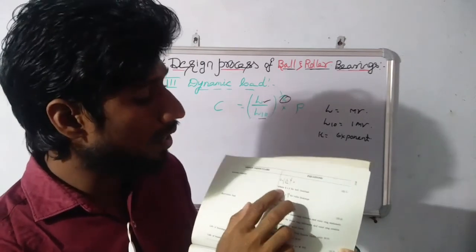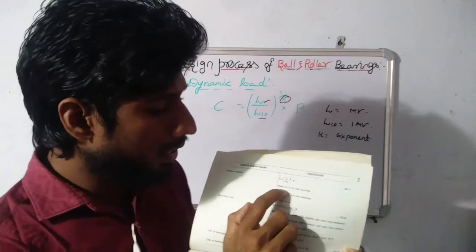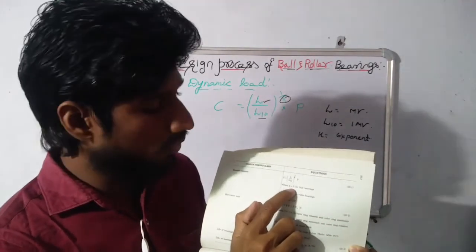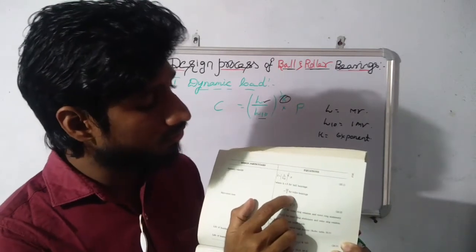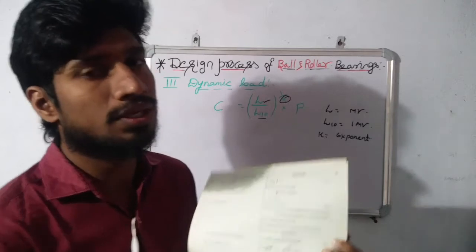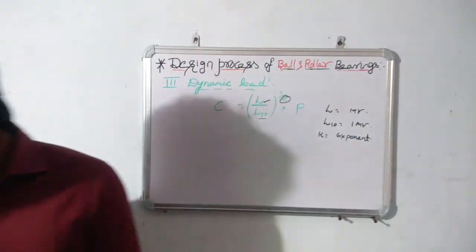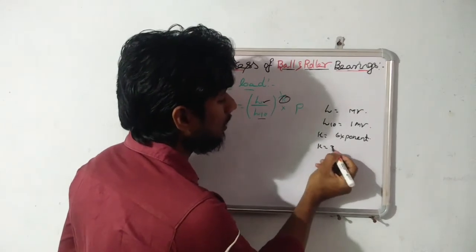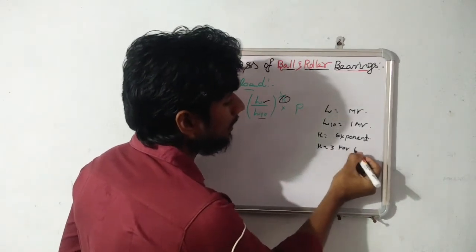So here how do we consider the exponent? In case of ball bearings, we consider exponent k equal to 3. In case of roller bearings, we consider k equal to 10 by 3. This is about the exponent value consideration. So k equal to 3 for ball bearings.